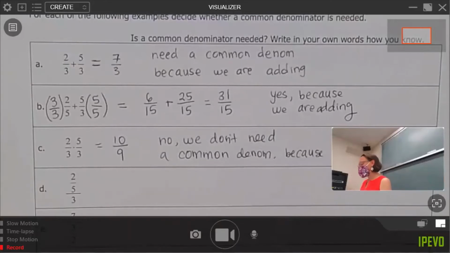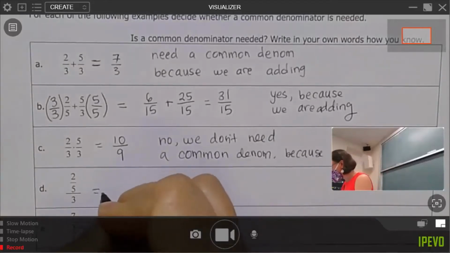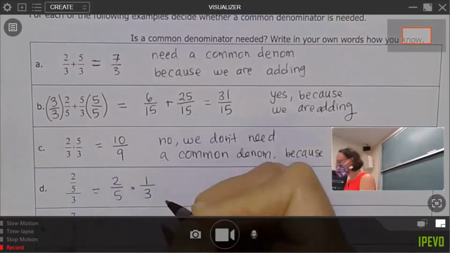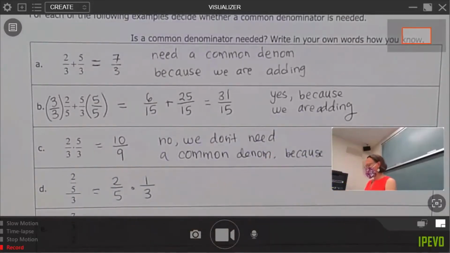So this statement is equivalent to saying 2/5 times 1/3. And then I can multiply straight across the top and multiply straight across the bottom.